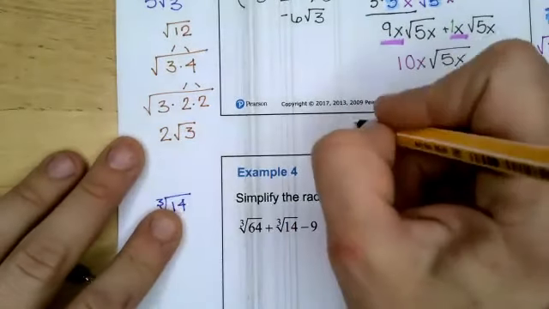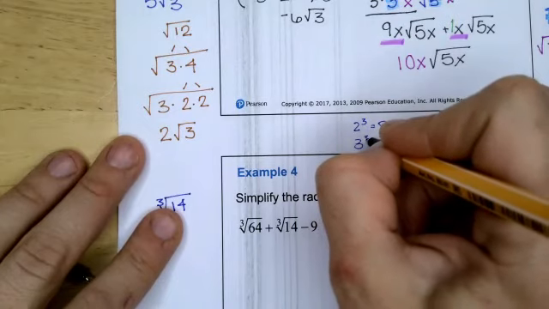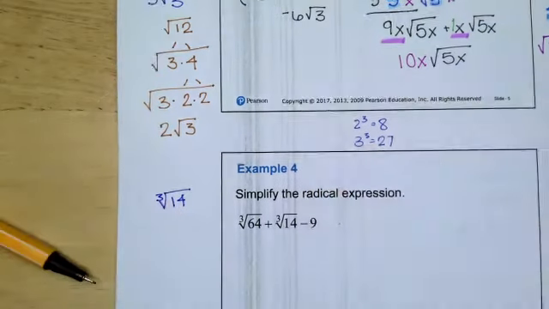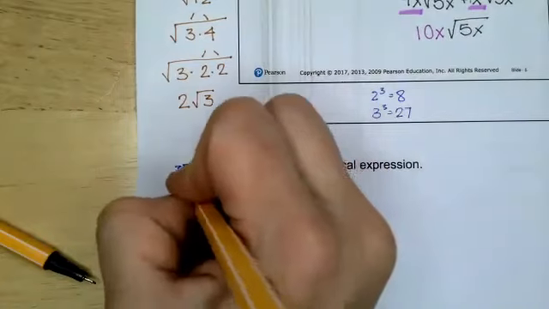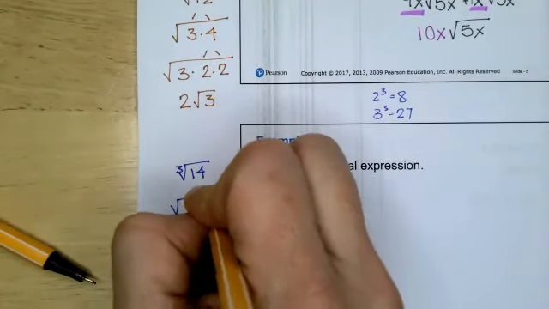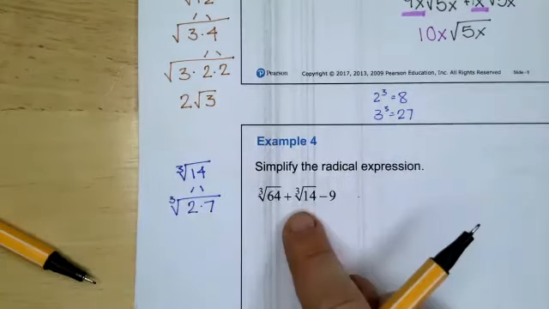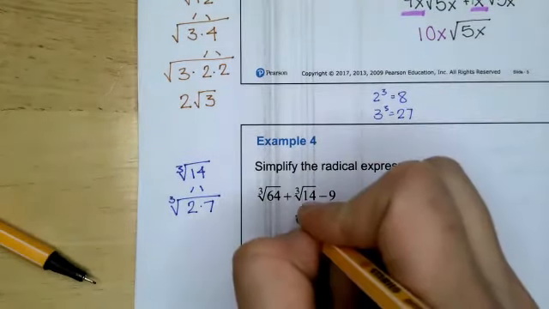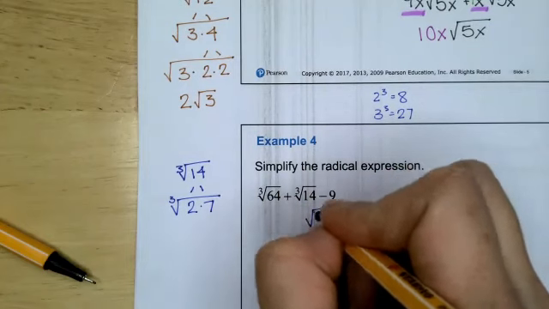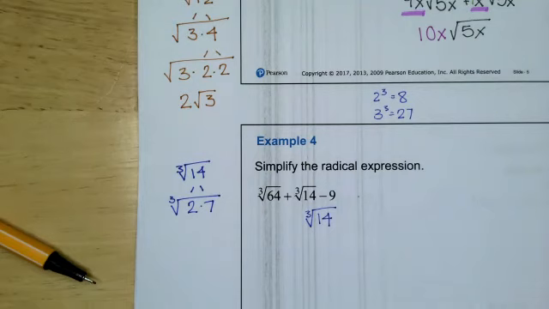Perfect cubes are 2 to the third is 8, 3 to the third is 27. So they're bigger, right? 14, you can only divide it by 2 and 7, and neither of those are perfect cubes. So that's already in its simplest form. So we're just going to call that the third root of 14.